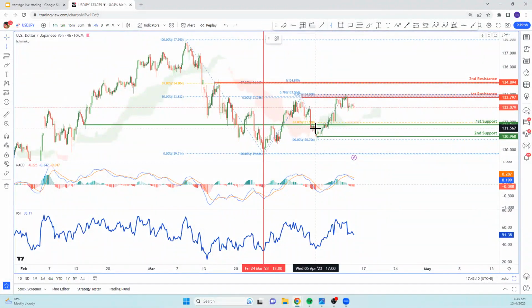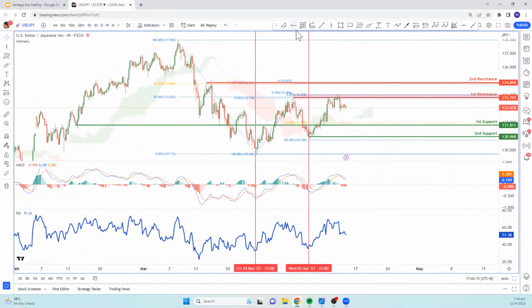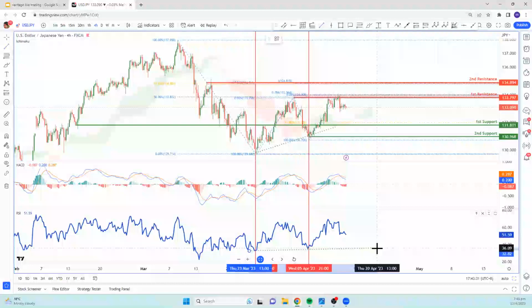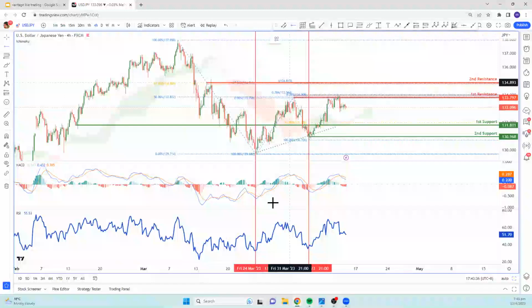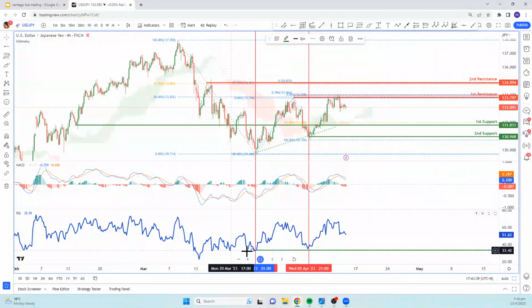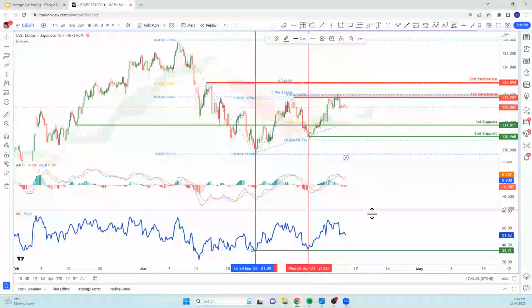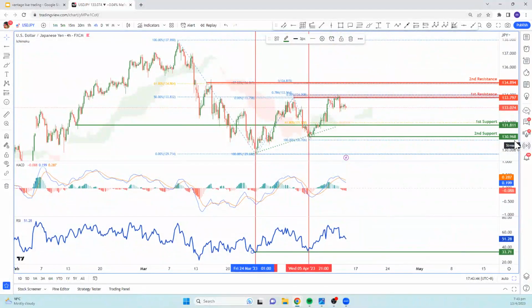On our RSI, you can see price is making a higher low on our price chart, and on our RSI chart, it is horizontal. Okay, so this gives us a bearish signal.